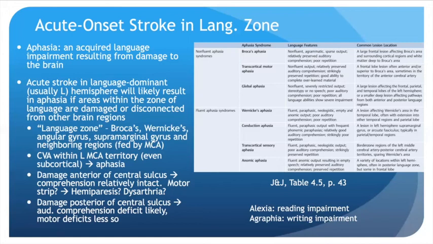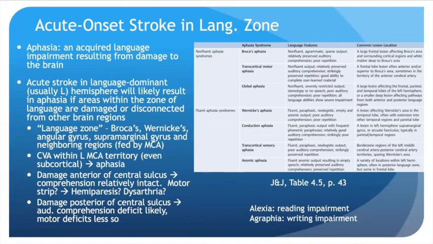So damage anterior to the central sulcus will probably result in expressive deficits, with comprehension being relatively intact. If there's damage to the motor strip, hemiparesis or dysarthria might occur. Damage posterior of the central sulcus probably will result in auditory comprehension deficits with fluency intact. Motor deficits are less likely.